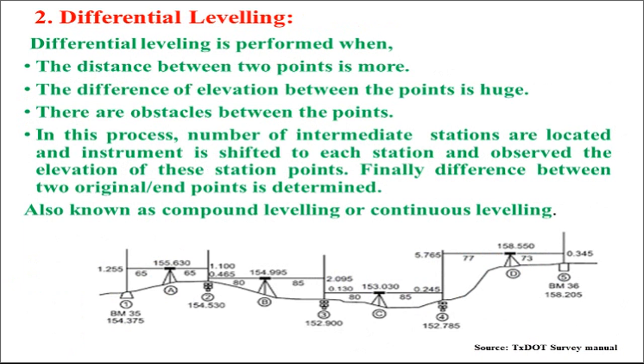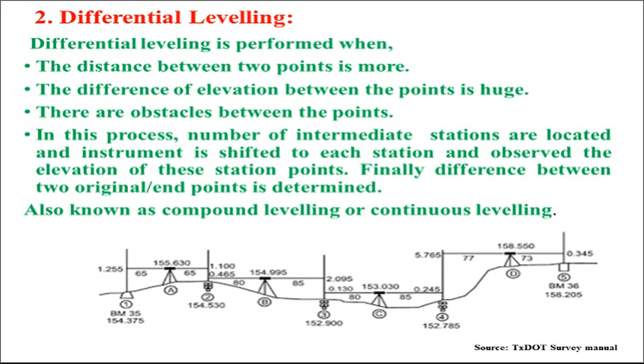Next one, differential leveling. Differential leveling is performed when the distance between 2 points is more, the difference of elevation between the points is large, or there are obstacles between the points.